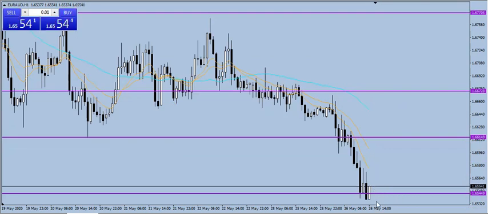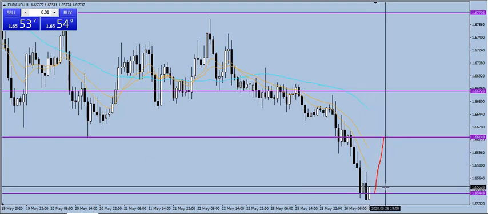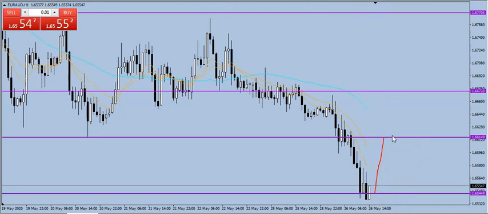So if you can see a bullish pin bar or a double bottom pattern somewhere around here, then we can expect price to make it back up to this level, and that will give us a stop loss of around 20 to 30 pips and take profit of 60 pips, which is a good 1-to-2 ratio.